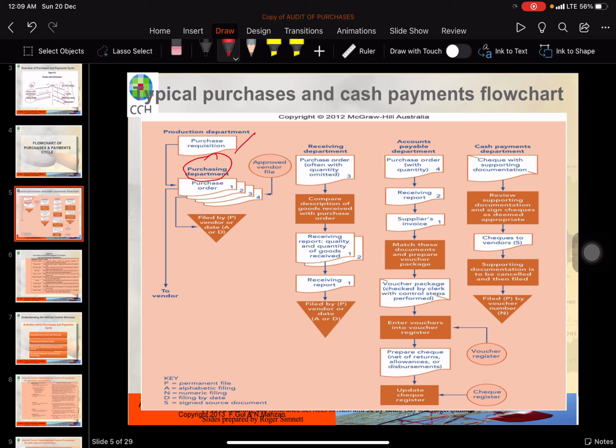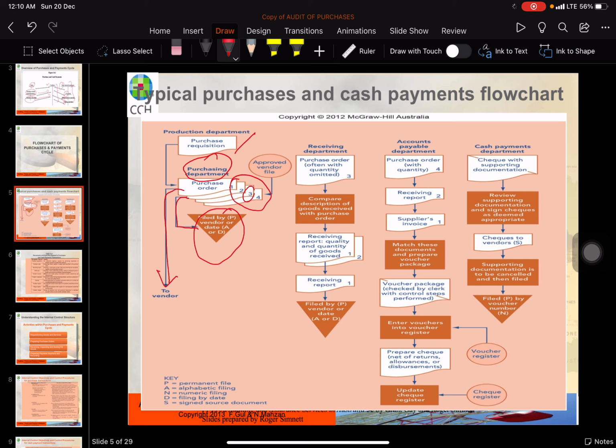The purchasing department prepares 4 copies. The original copy is sent to the vendor. The second copy is filed according to vendor or date, so it depends on whether by alphabet or by the date of purchase.